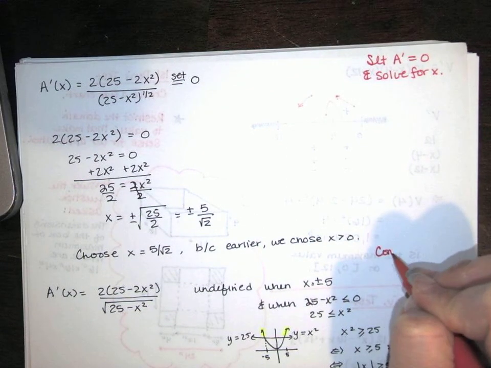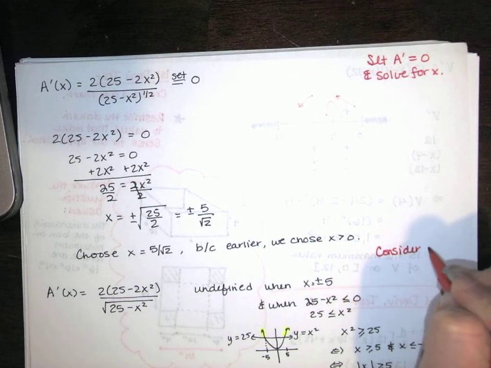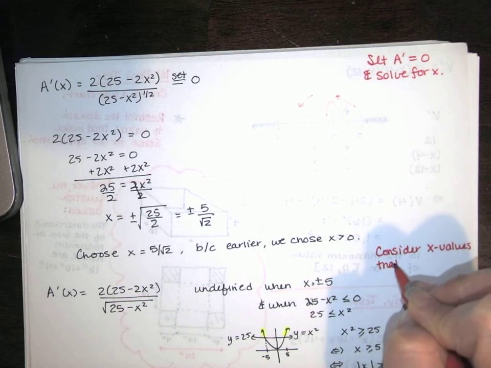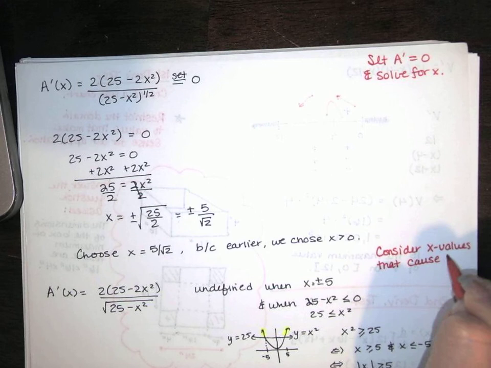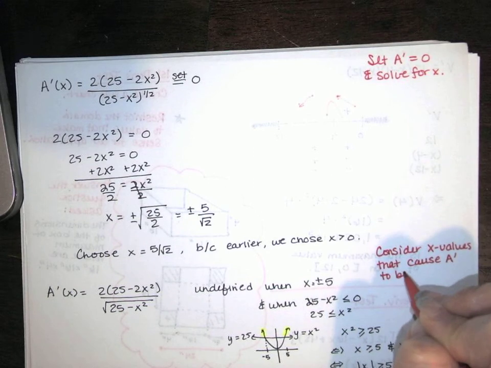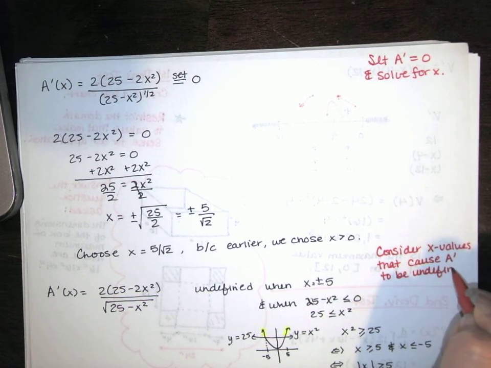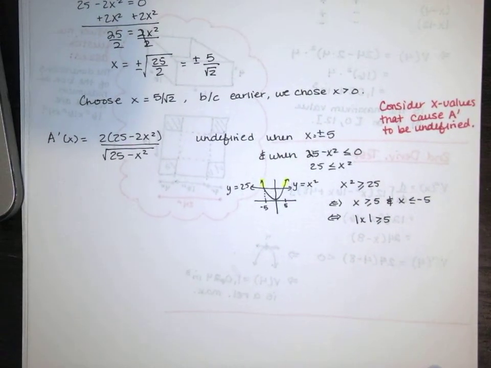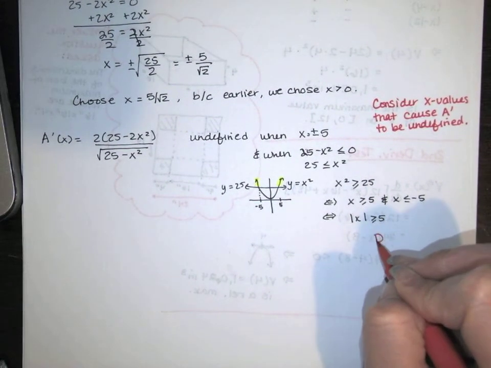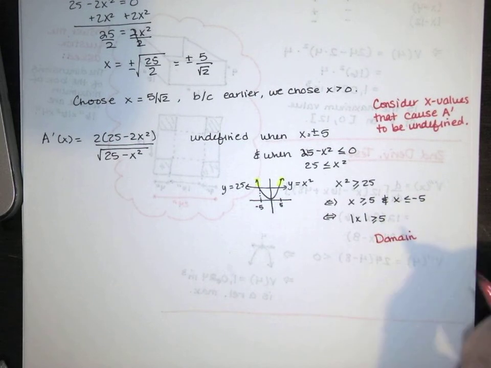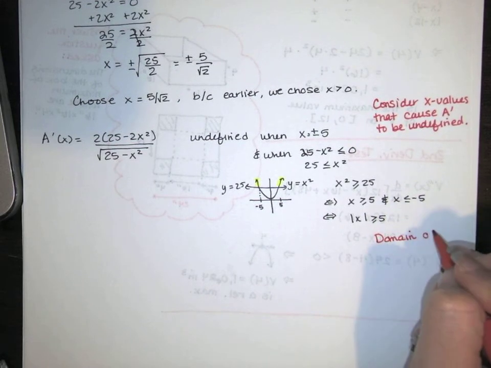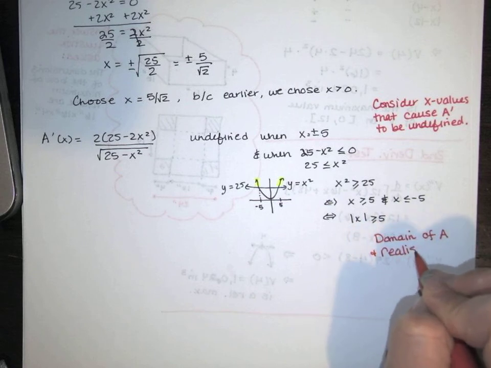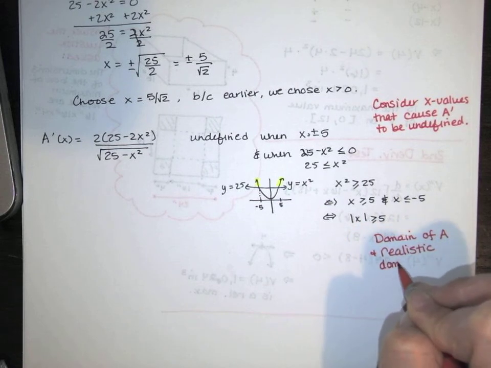You always want to consider x values that cause a prime to be undefined. We did, and none of them were in our domain anyway. So I guess we should have talked about domain. Let's think about the domain of A, and the realistic domain, I'll call it, for this problem.